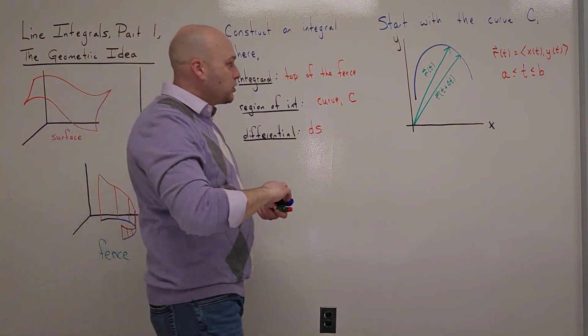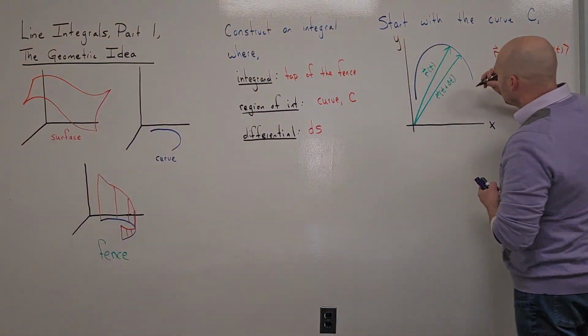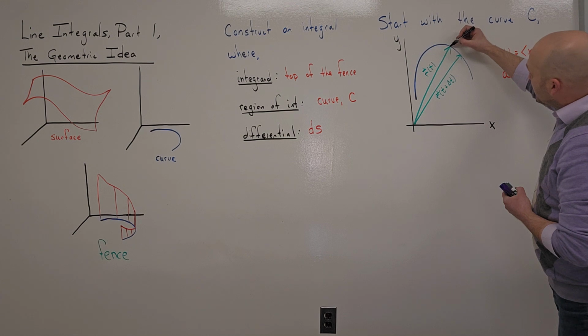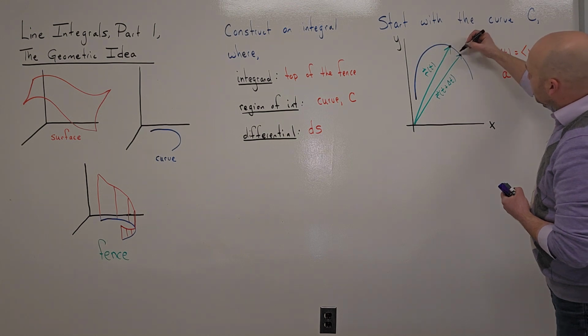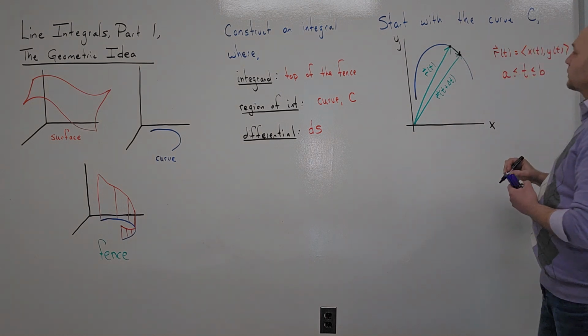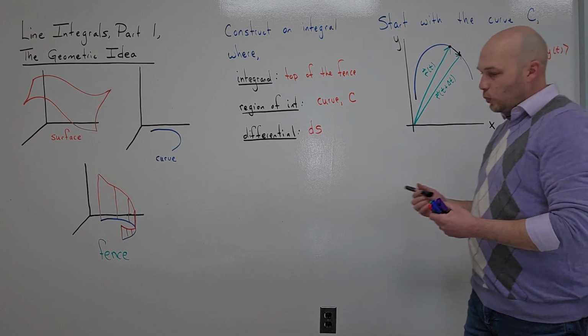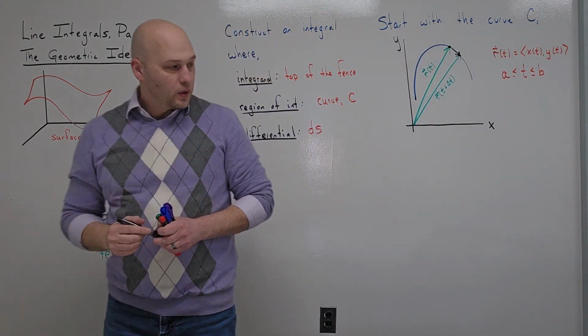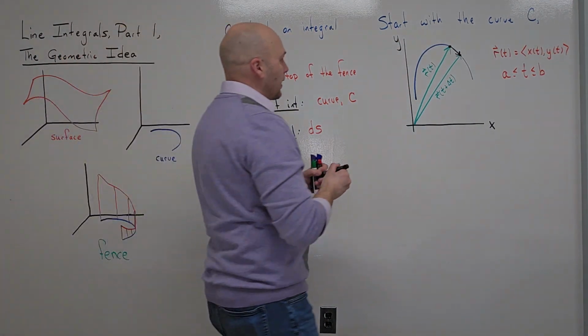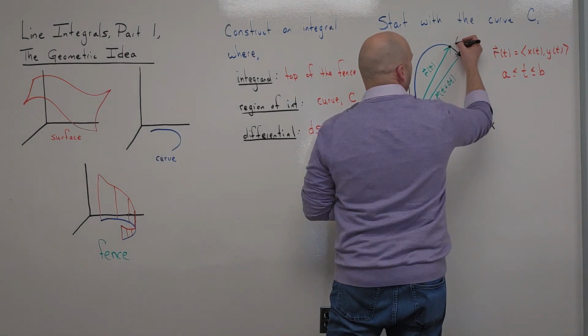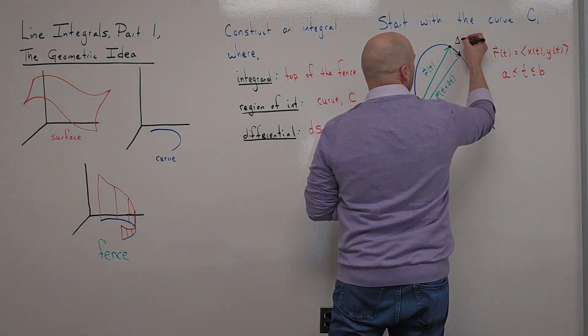And then the change in the arc length is going to be approximately this distance right here, which is given by the difference of those 2 vectors. We can label that as delta s.